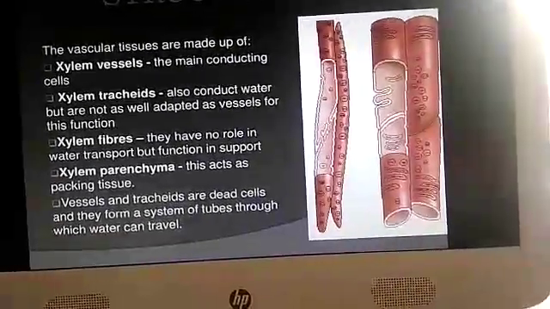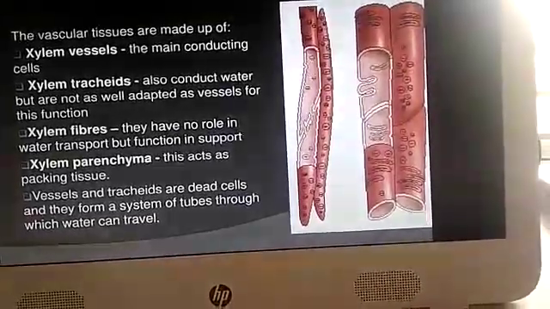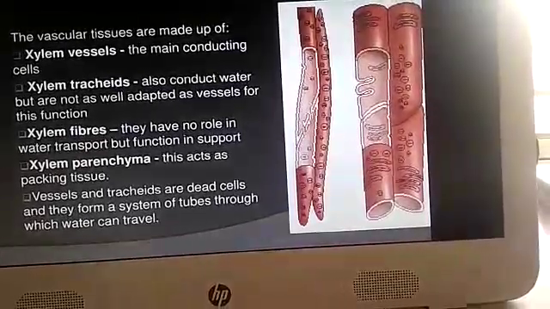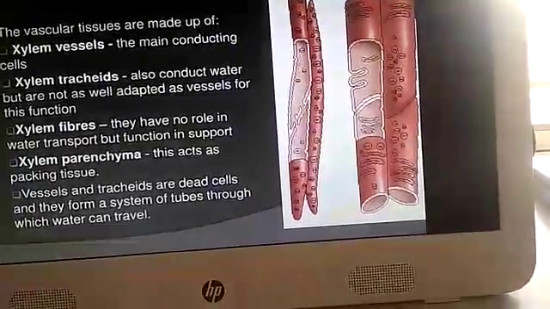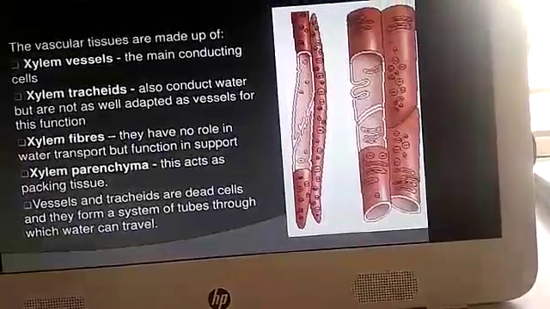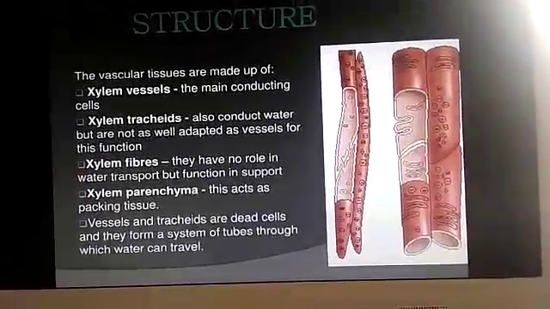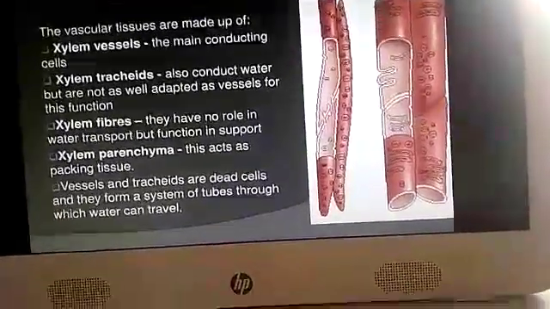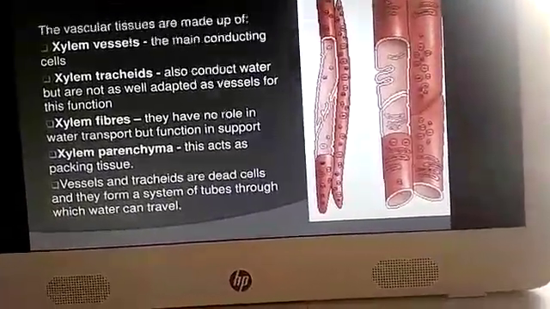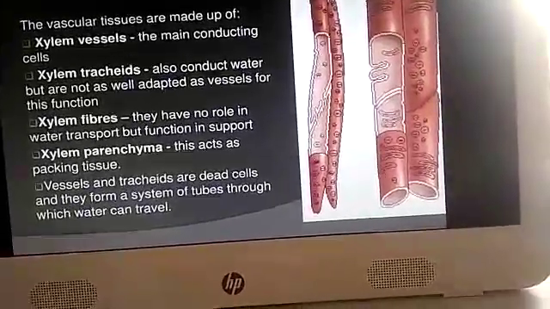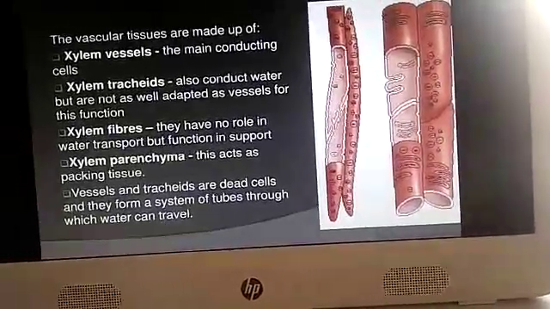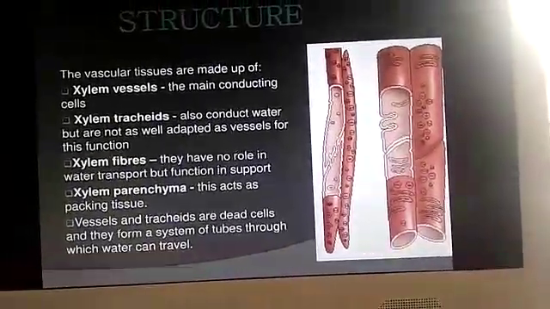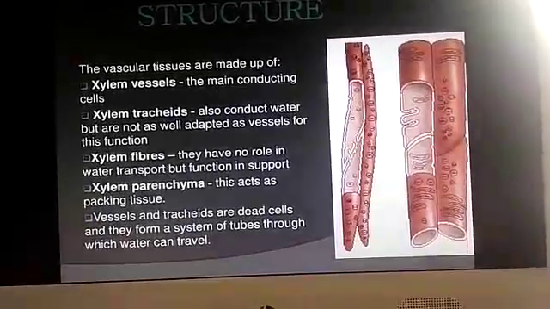So they help in the conduction of water, that means transport of water from roots to the aerial parts of the plant. This is the function of xylem. And xylem fibers have no role in water transport, but their function is to support. Next, xylem parenchyma acts as a packing tissue for the plant.